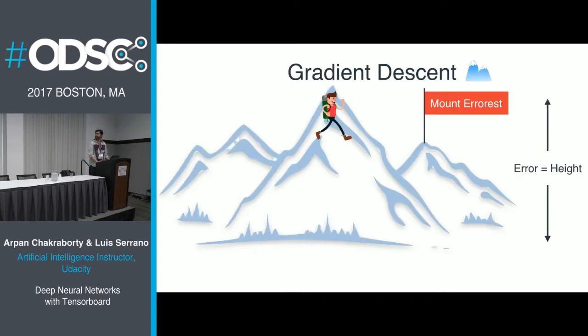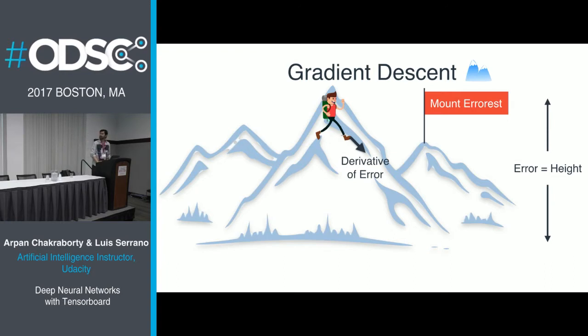So here in Mount Everest again, the error, as we said, is the height. And in order to find the direction to go, we take the derivative, or the gradient if we are in many dimensions. But basically the gradient tells us where a function increases the most. So the negative of that tells us where it decreases the most. So all we have to do is take a step in that direction.